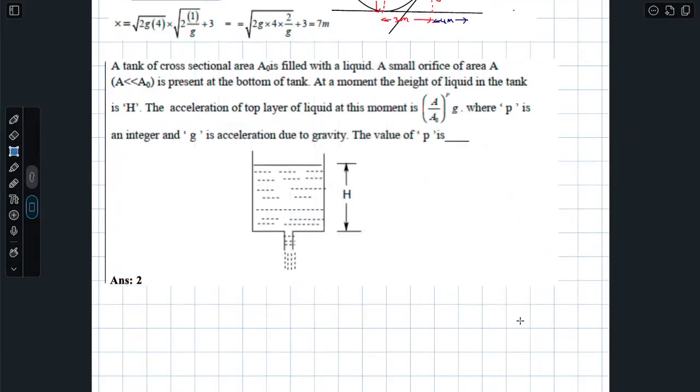Most of the questions are the same approach.